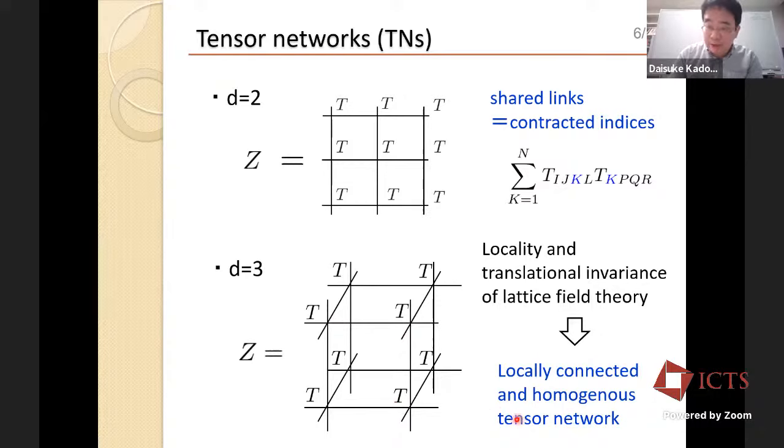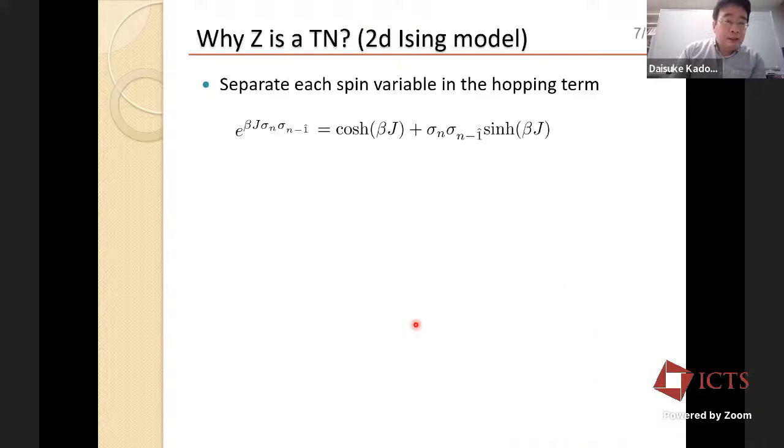And homogeneous tensor network means that all the tensors are the same tensor T, thanks to the translational invariance of the lattice theory.